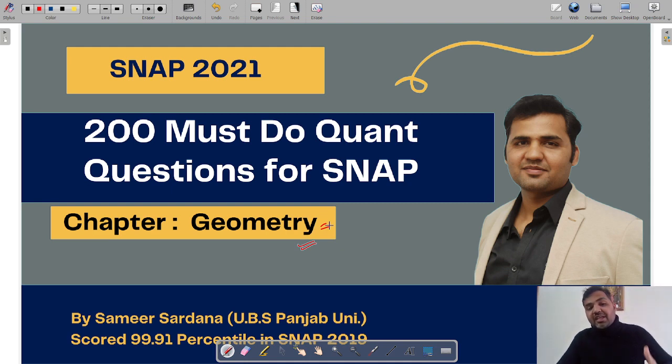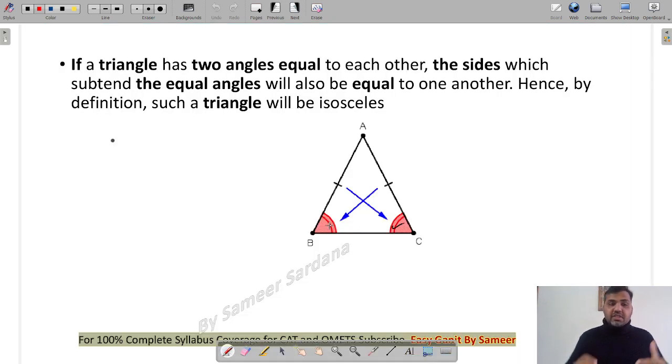I will also be explaining the theory which is required to solve the questions that I'm going to discuss in this whole series. Look at the first property that everybody should know, and this is a very important property to solve the questions related to the angles of a triangle.